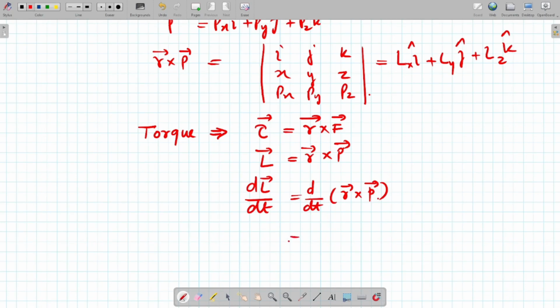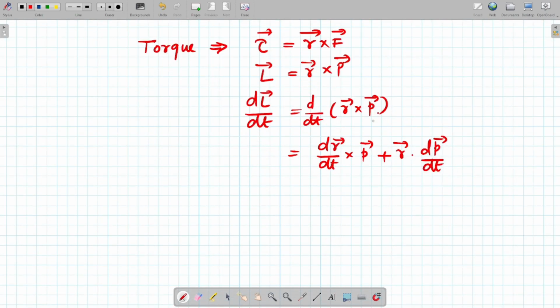And if you use the product rule, so what will you get? dr upon dt, okay, and then cross p, and then plus r as it is, and you will say dp by dt. Okay, this is the product rule of differentiation, which I had already taught you earlier.